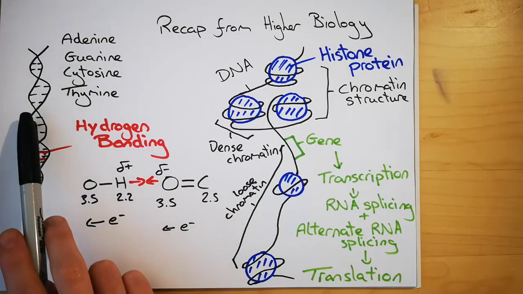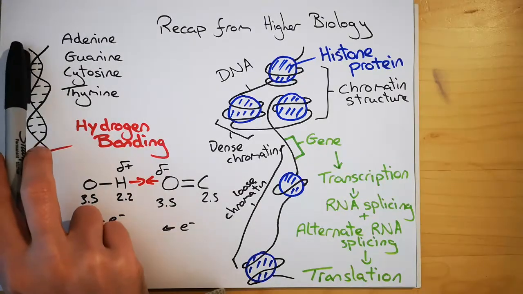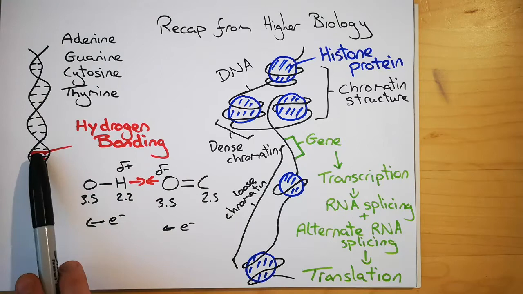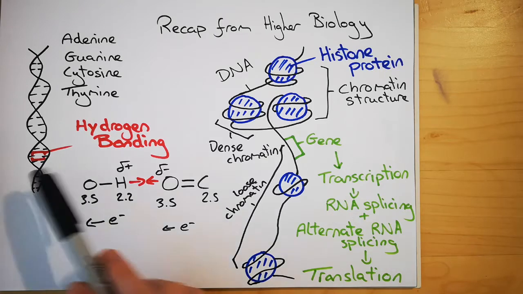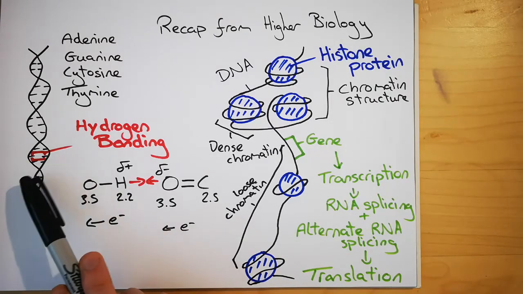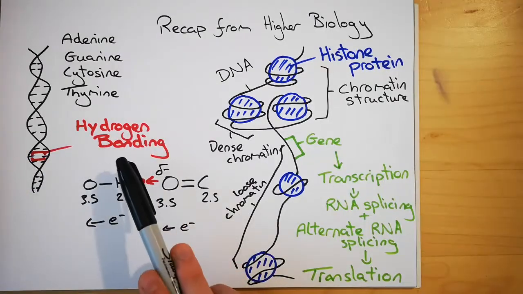The backbone itself, the thick black line down here that's unbroken, that's held together by strong covalent bonds. That's very unlikely to break without enzymes getting involved. The strands themselves are held together by hydrogen bonding.